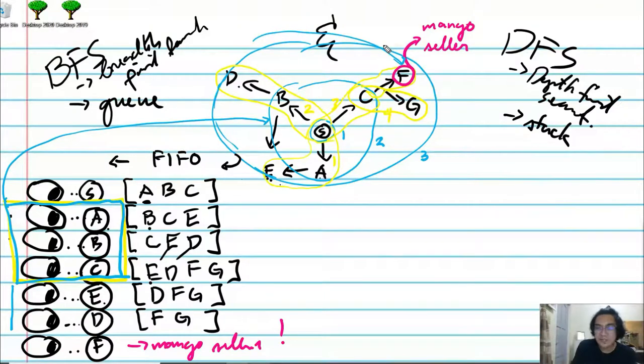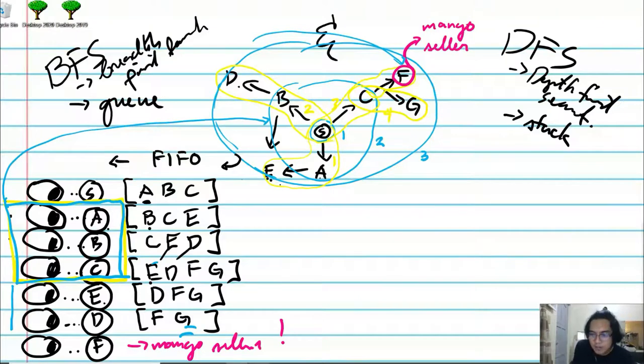If it happened that F wasn't the mango seller, then I would continue to G, thereby searching all the people in my second level friends graph. So that's BFS. It's like you're searching per connection level. It's BFS.